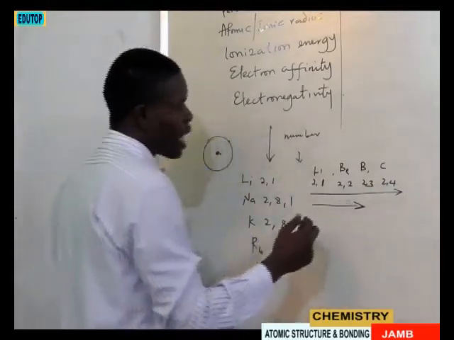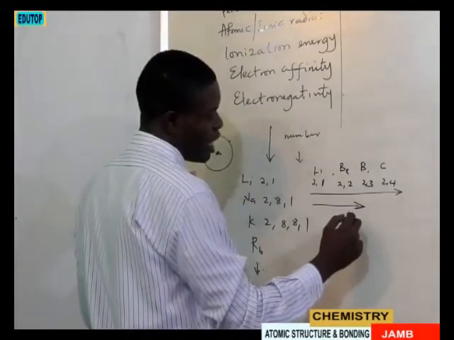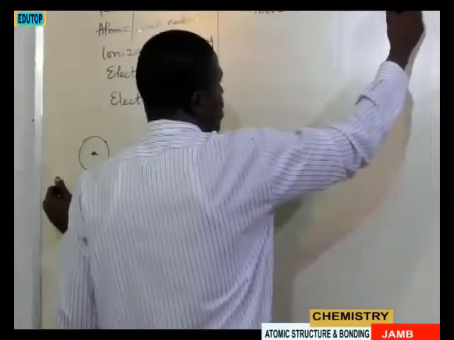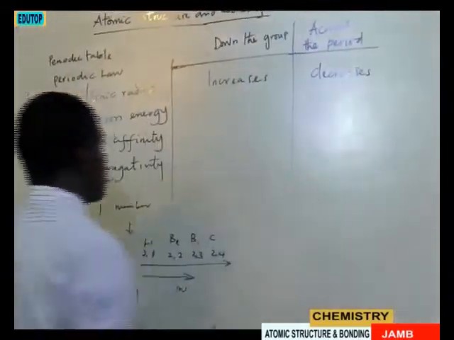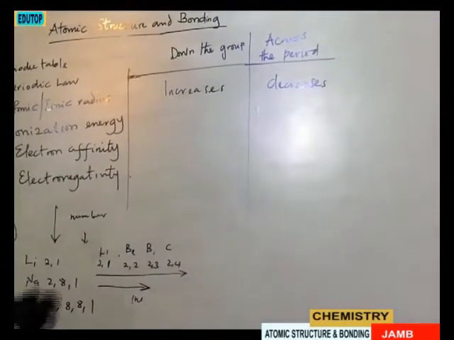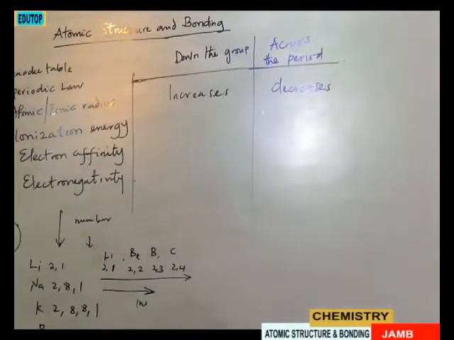Protons. So there will be a contraction as a result of the increase in nuclear charge. So there will be a decrease. It decreases across the period. So that is the deduction as far as atomic radius and ionic radius is concerned.